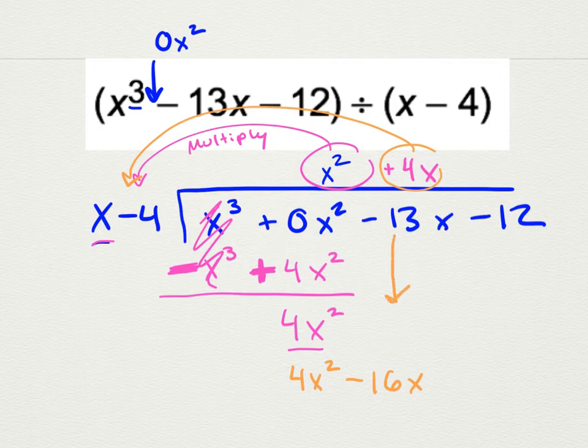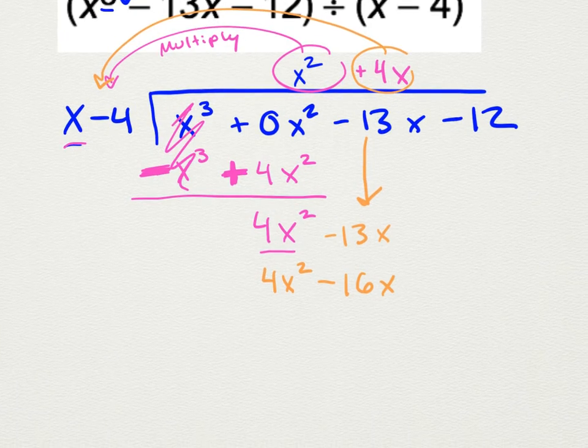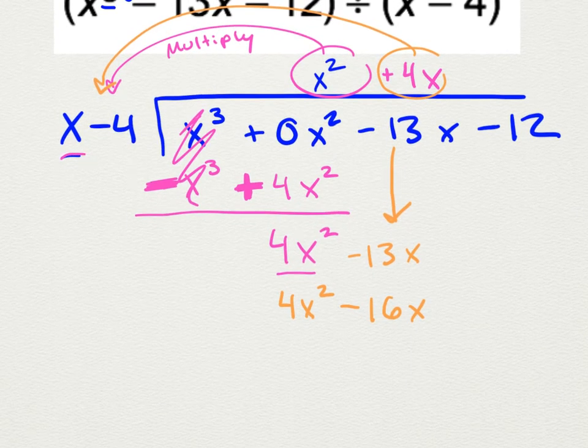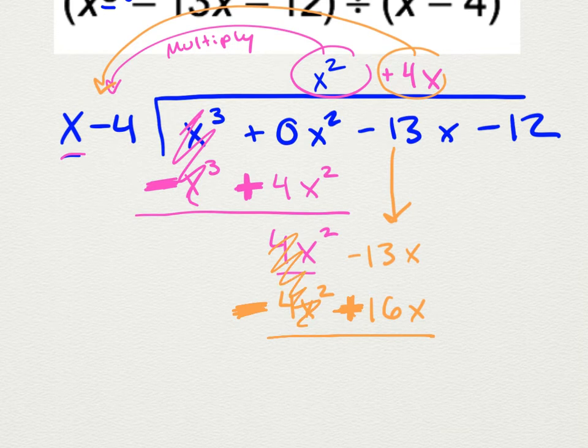We want to bring down this negative 13x. What do we have to do next? How do they cancel? Change the signs. So make this negative, make this positive. So 4x squared minus 4x squared, they cancel. What is negative 13x plus 16x? 3x.